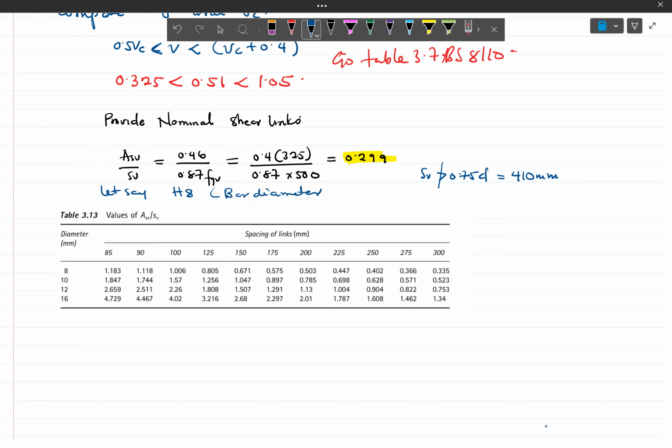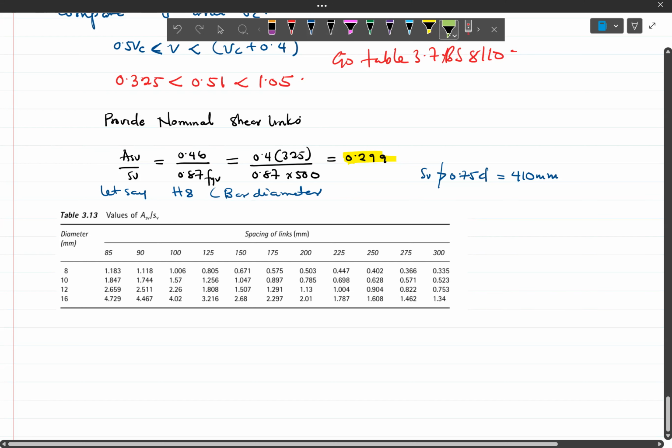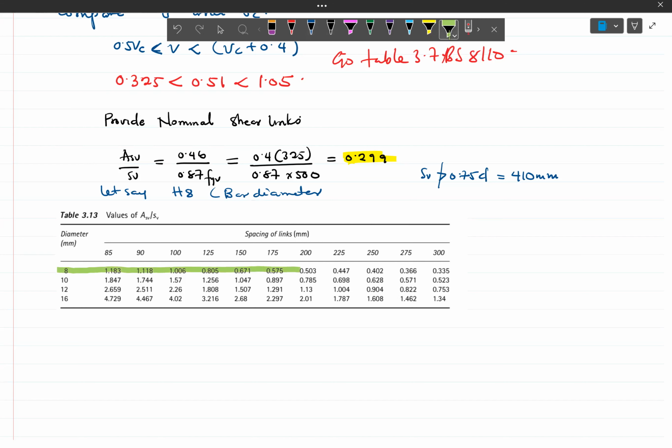Which means that what this means is that we are looking at this section right here, this space. So we need to choose an ASV over SV value more than the 0.299 that we had. And closest I can choose is this right here.